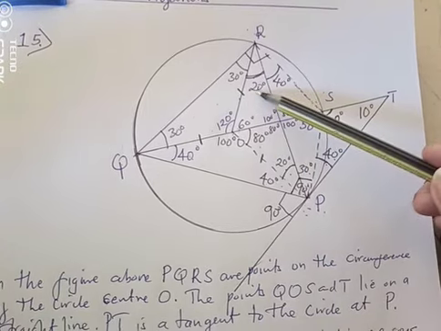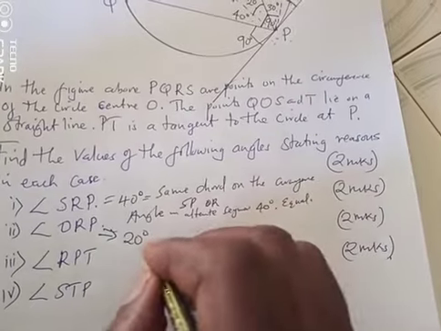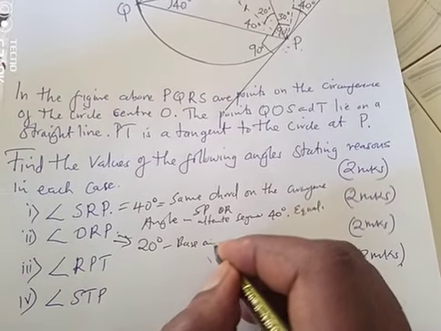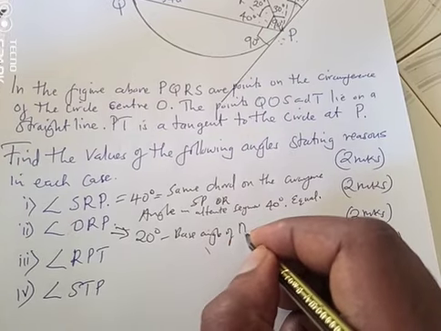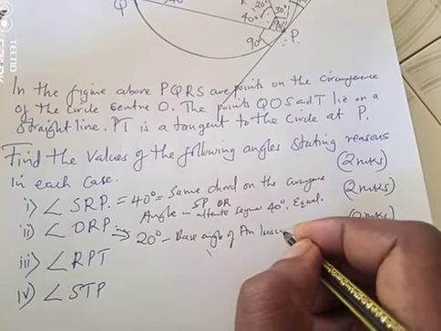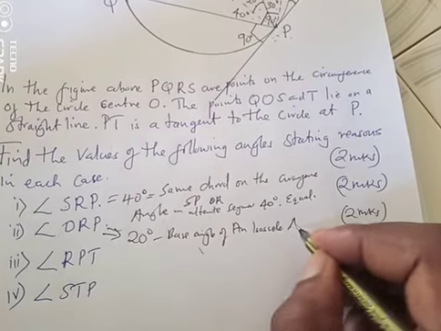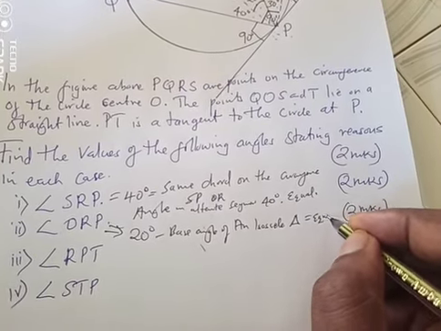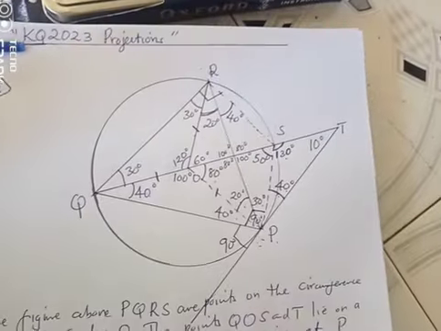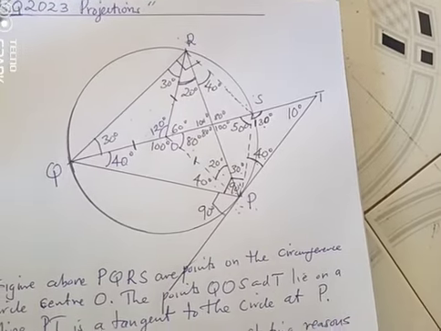We could create an isosceles triangle and the base angles of an isosceles triangle are always equal.